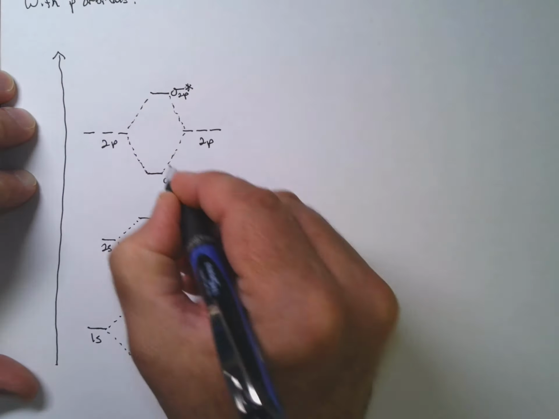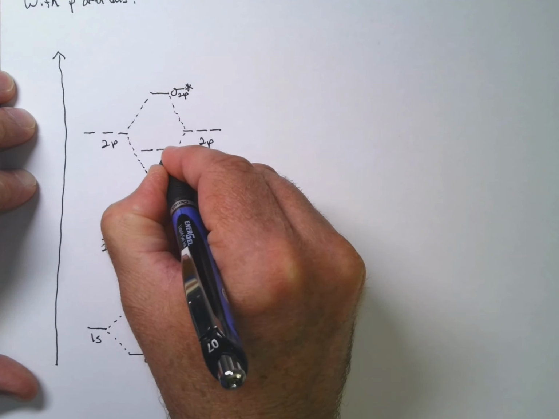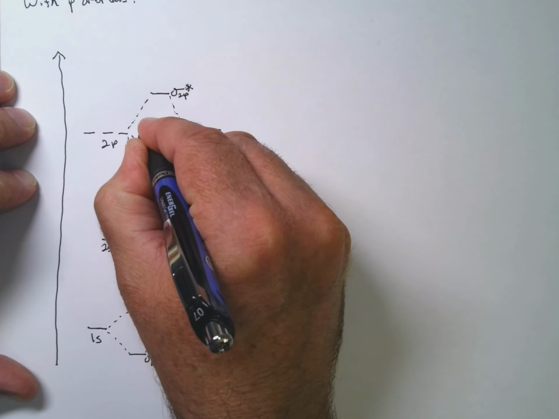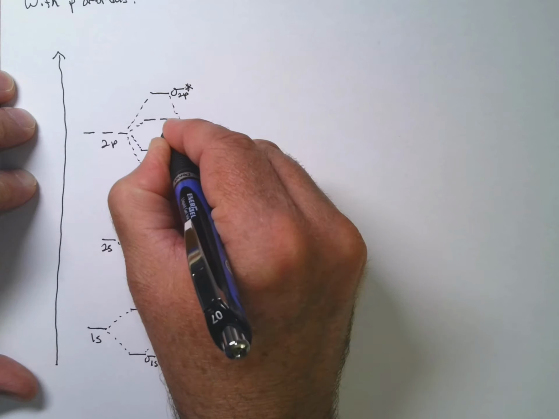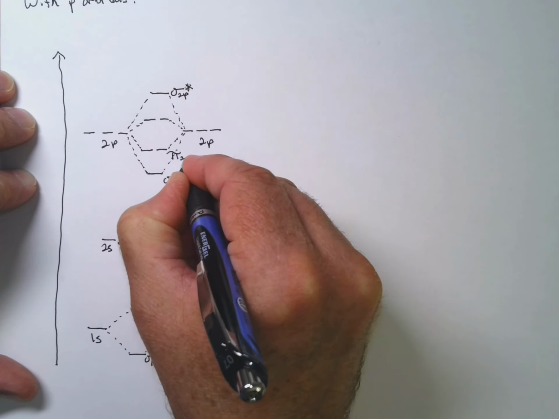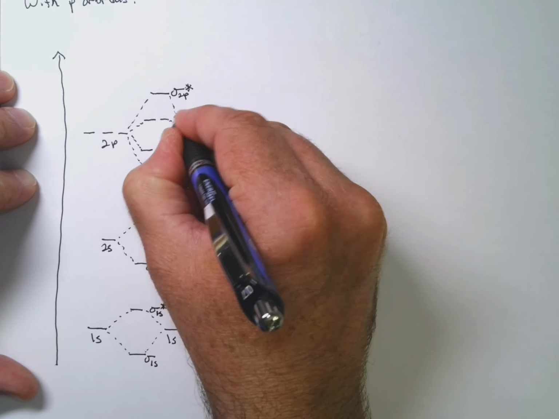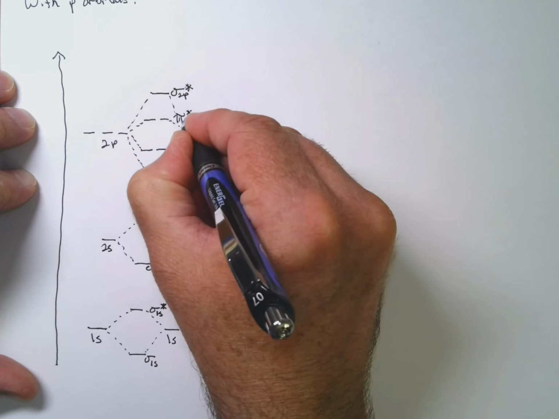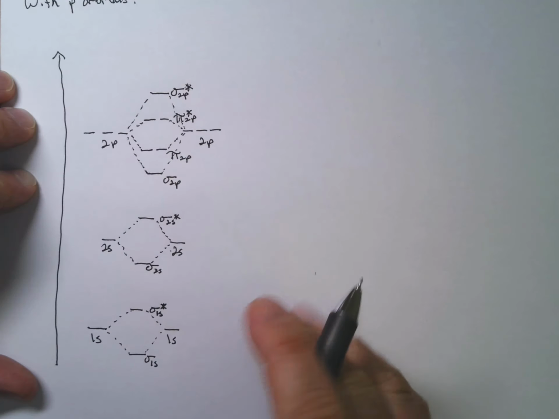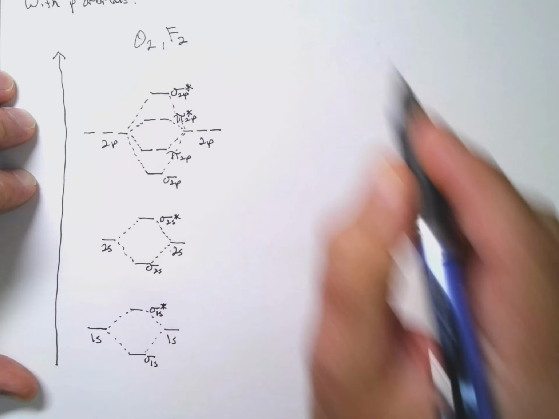But then we can get some orbitals that are a bit lower in energy, or just a bit higher in energy. And these are the pi 2p orbitals and the pi star 2p orbitals. And so this is what things look like for O2 and F2.